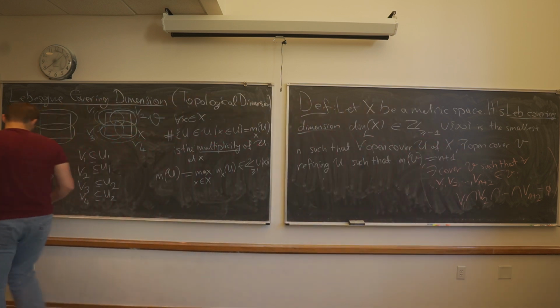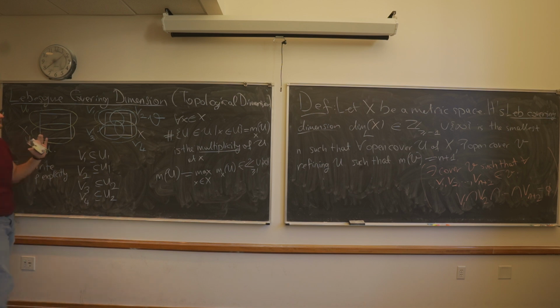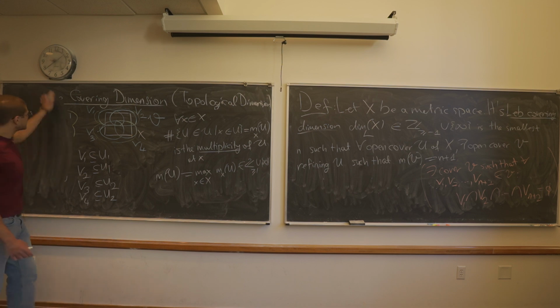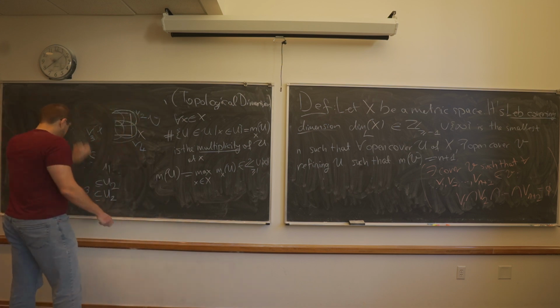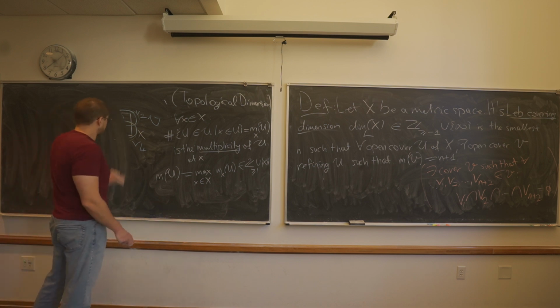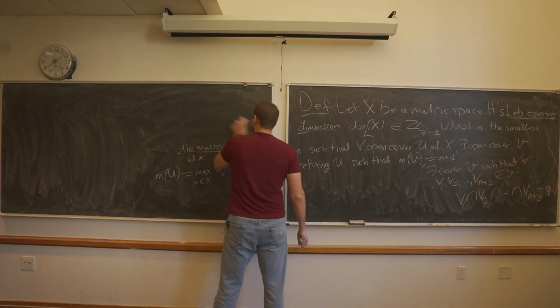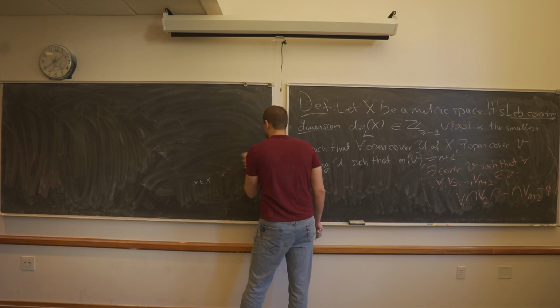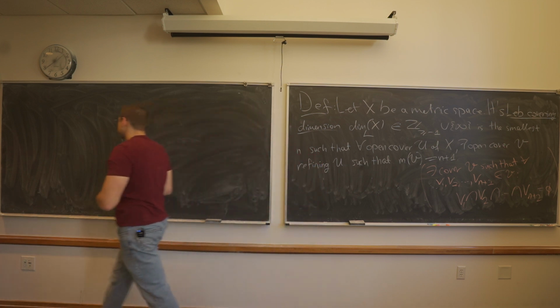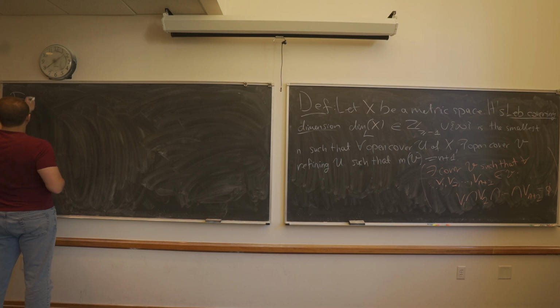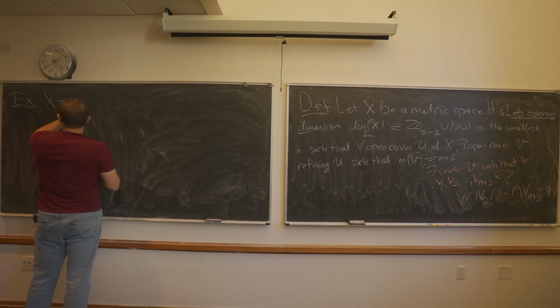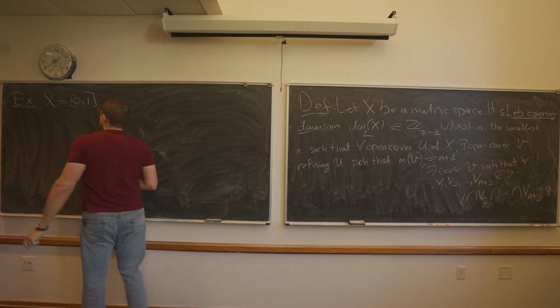Examples. So of course I should first try the interval, right? Based on this definition, the interval should have dimension 1. And indeed this is true. So X equals 0 to 1 as a metric subspace of the reals.